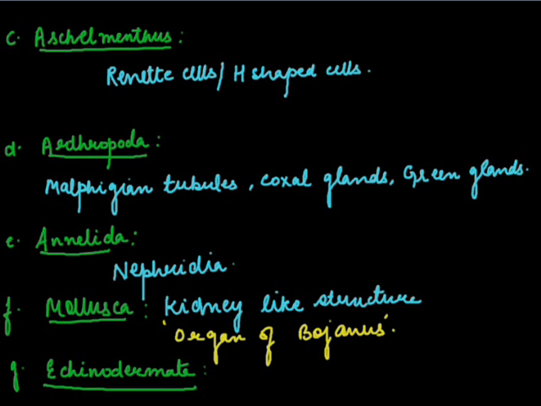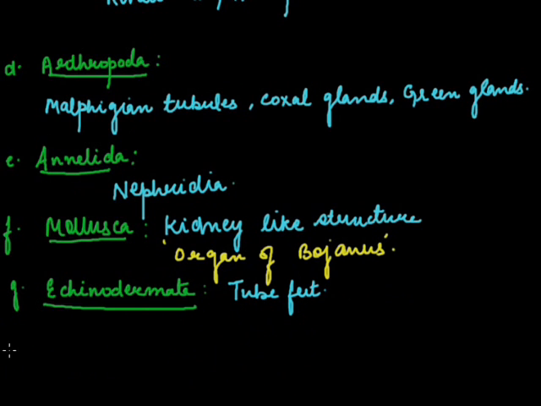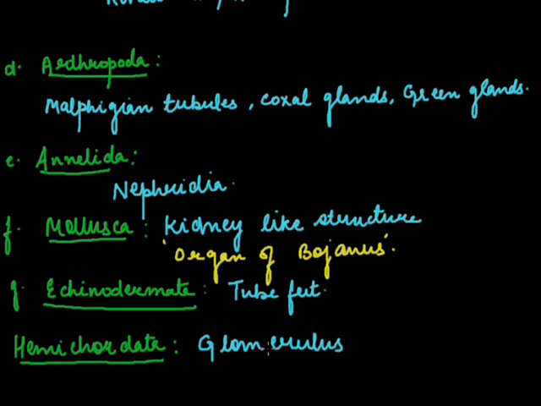Here, excretion is through tube feet. After these non-chordates, let us discuss the hemichordates. In hemichordata, that is Balanoglossus, the system responsible for excretion is the glomerulus.